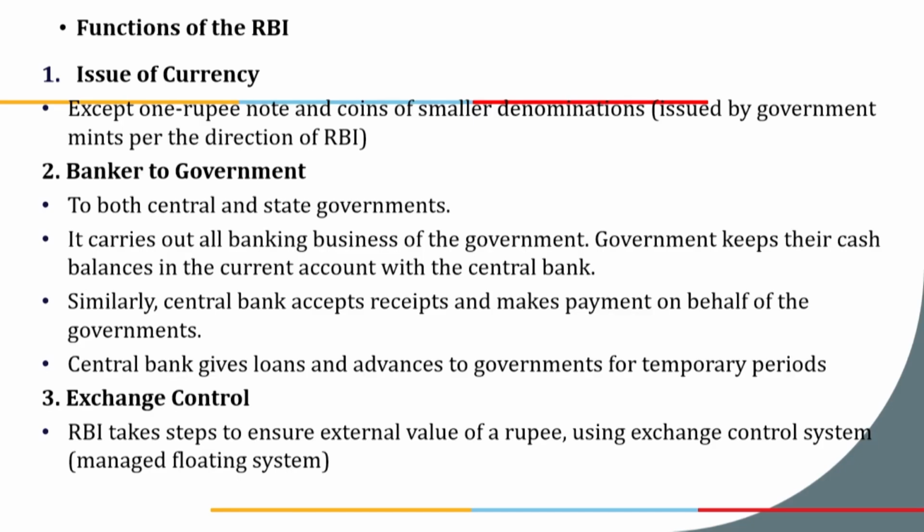So it carries out all banking business of the government for all the ministries and departments. All their cash transactions are mostly done through the central bank. The central bank accepts, receives and makes payments on behalf of governments, and gives loans and advances to governments for temporary periods.